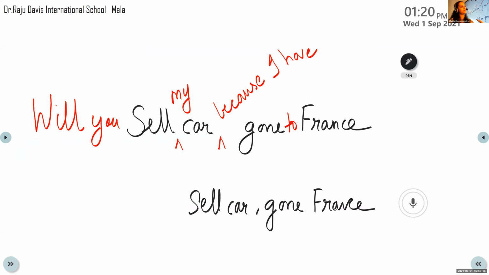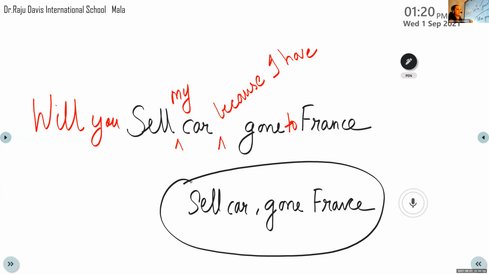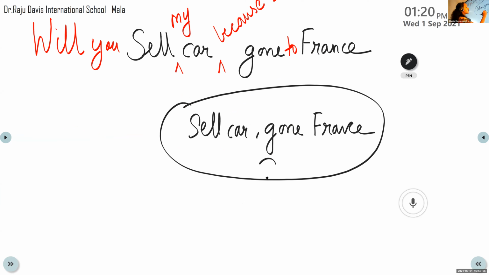Yes or no? Mayasa, are you able to understand? Yes, ma'am. The content of the sentence is sell the car because I have gone to France. But this is only giving you the meaning of the sentence. The sentence is not yet correct. So the words in the sentence which give you the meaning of the sentence are called content words.